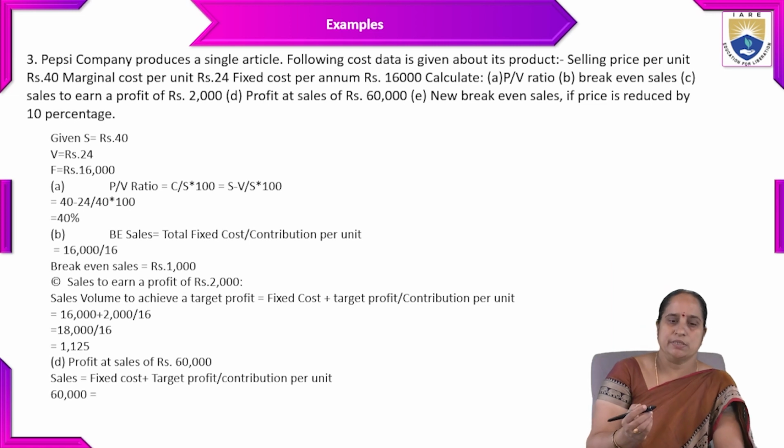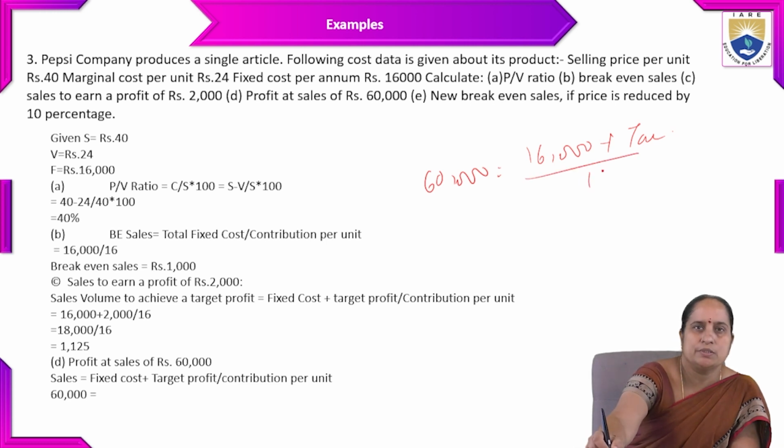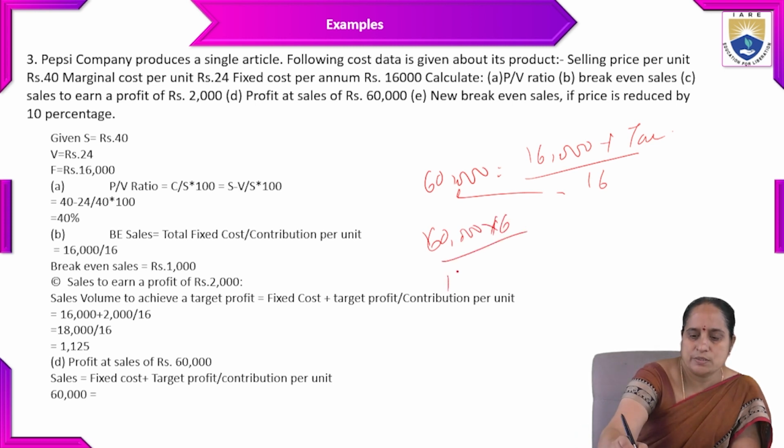Here sales are given, that is 60,000. We know fixed cost is 16,000, the target profit we don't know, and we know the contribution per unit, that is 16 rupees. So 60,000 into 16 divided by 16,000.